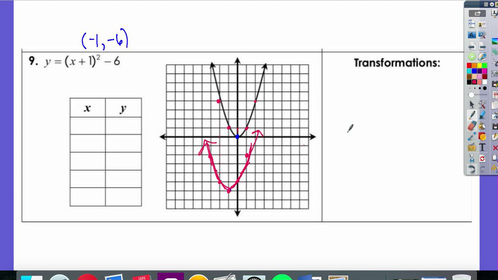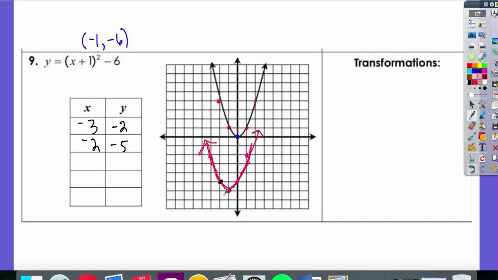And if we wanted to write our new ordered pairs, we could. So our new ordered pairs are -4, hold on, 1, 2, 3, sorry, -3, -2. Then we've got one here at -2, -5.